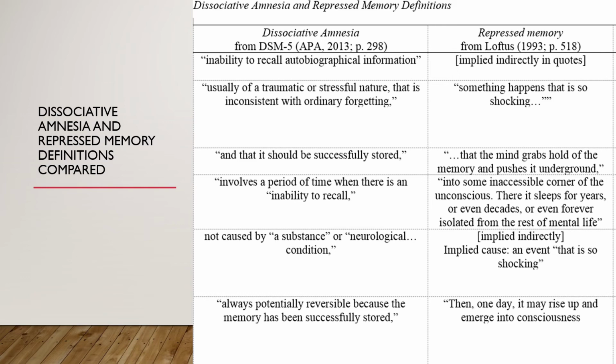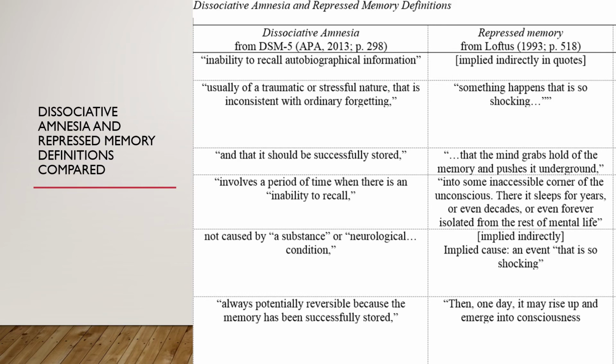So it is described as an inability to recall autobiographical information, usually of a traumatic or stressful nature, that is inconsistent with ordinary forgetting. So it's not just ordinary forgetting. And that it is successfully stored. Now, this is a key element of it, that it is actually stored.